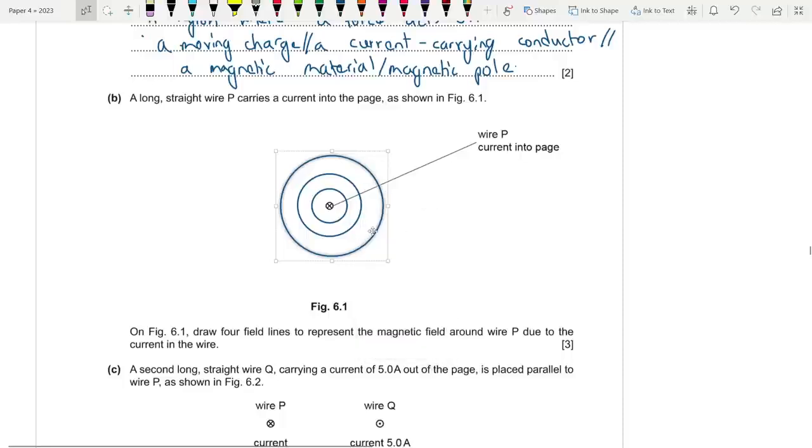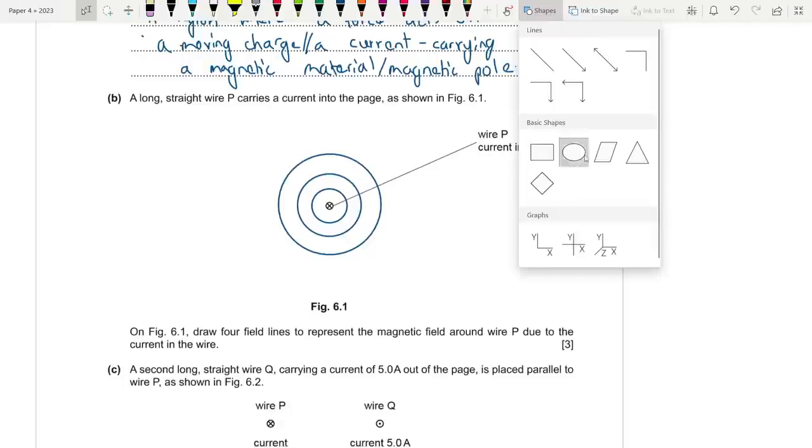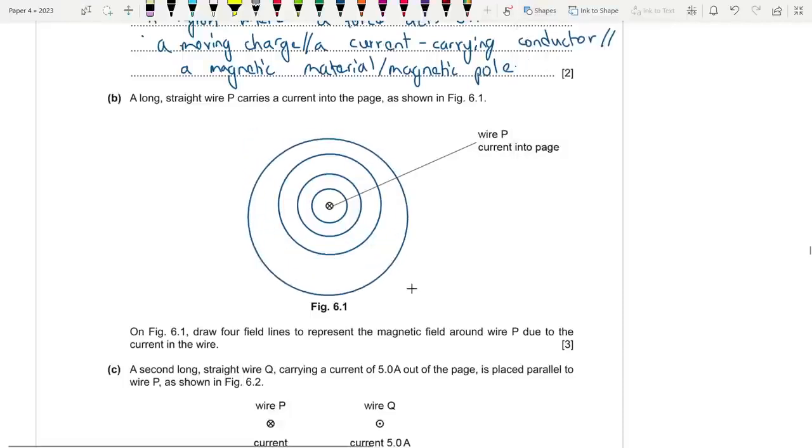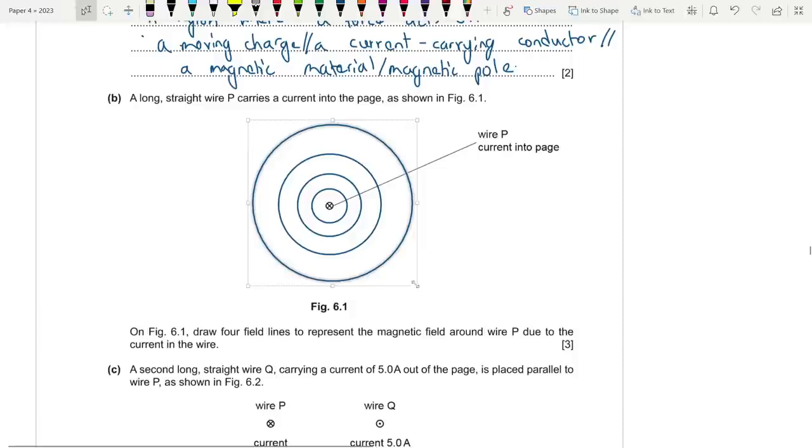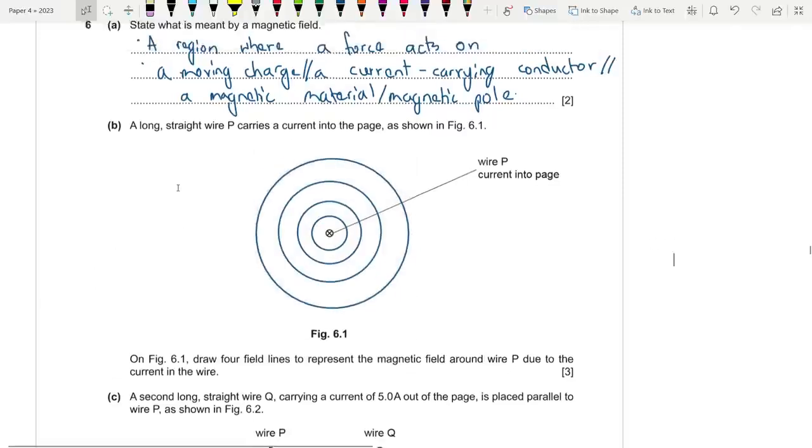It's a bit hard to draw honestly. They've asked us to draw 4. Now this will have the greatest spacing. Here you go. I think we can just decrease it by a bit. Basically like this. Okay, I feel like it's okay.